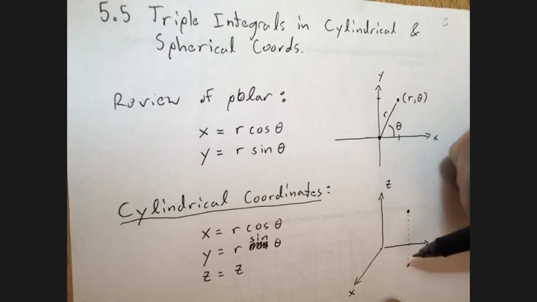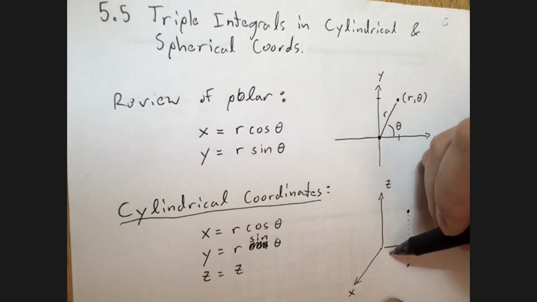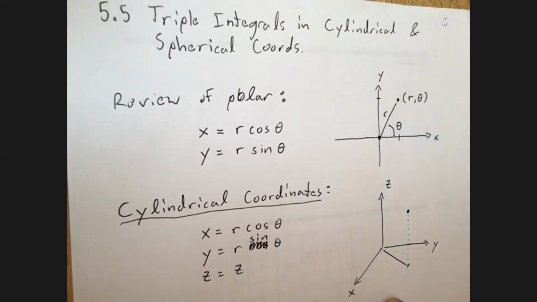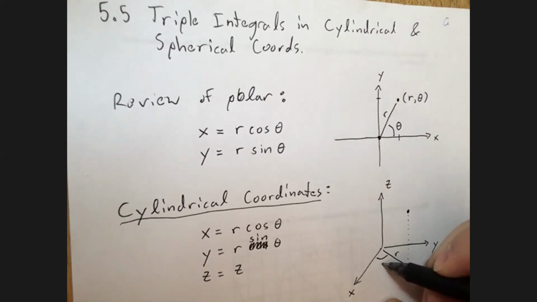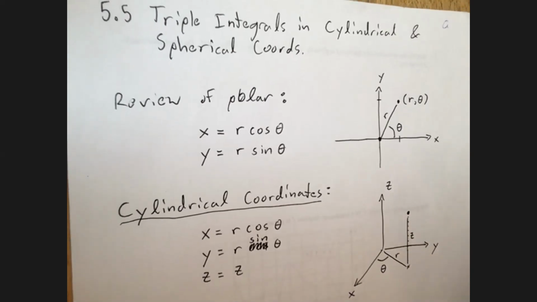That point I can specify using this r and this theta. r measures the distance that I am from the origin. Theta, as before, measures the angle from the positive x-axis. And then z is this coordinate here, how high I am, the same z that we had in Cartesian coordinates before.